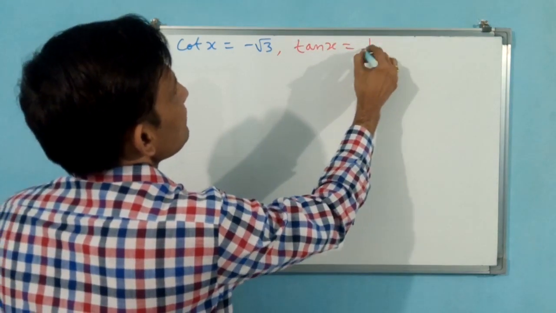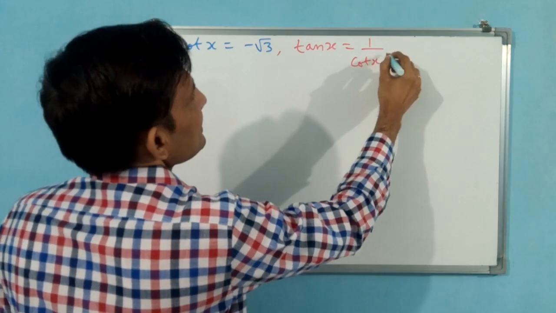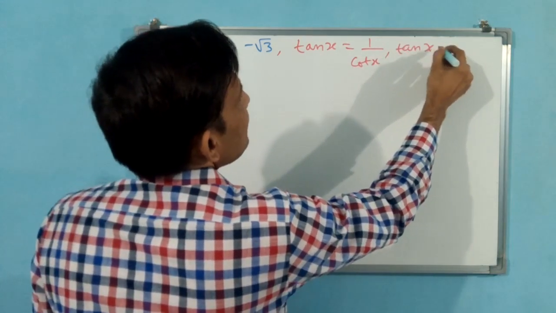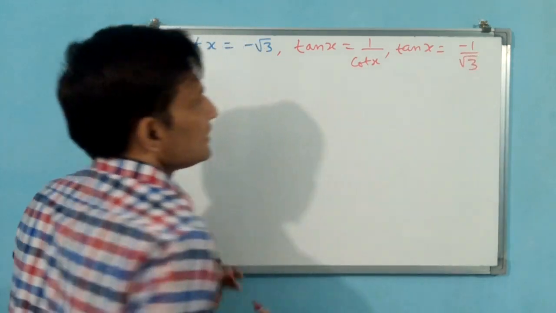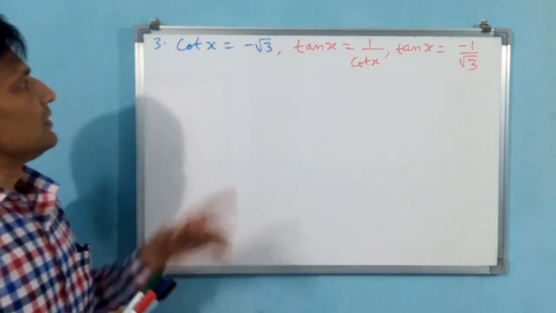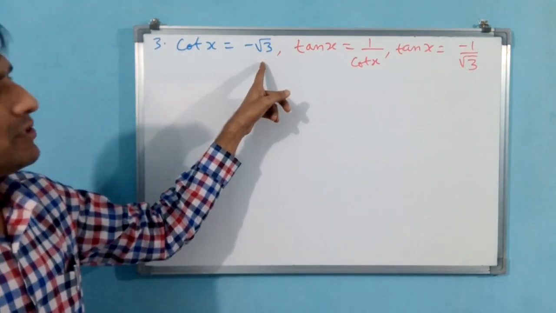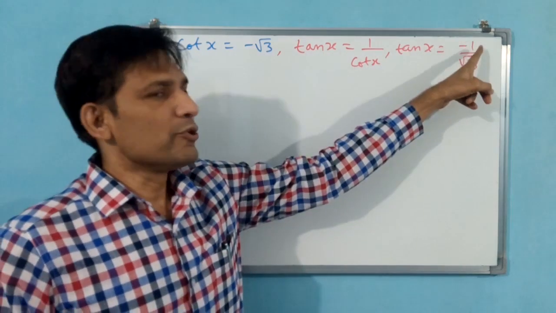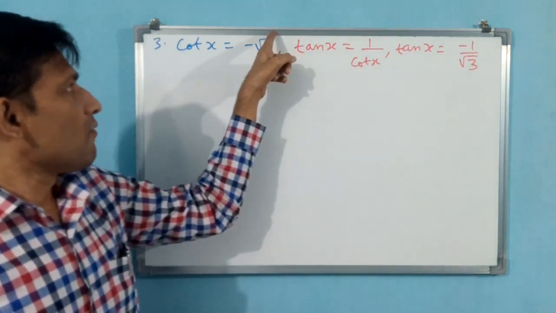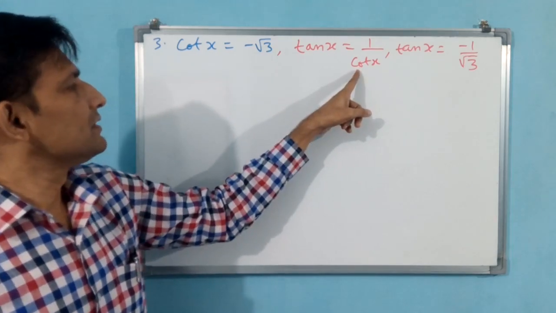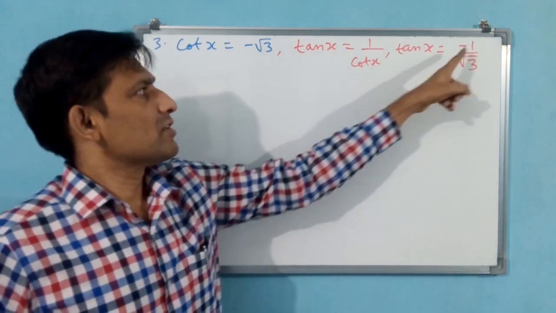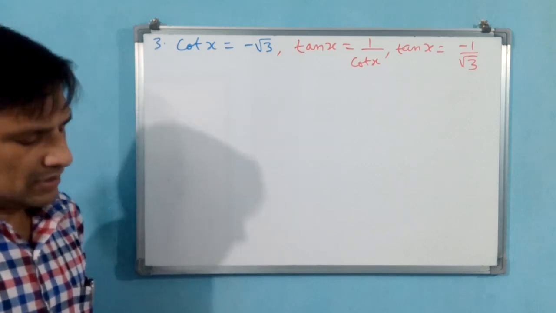Tan x is equal to 1 by cot x, so tan x is equal to minus 1 by root 3. Is it correct? You see. Now tan x is equal to minus 1 by root 3. Directly I have written minus 1 in the numerator, because 1 by minus root 3 will become 1 by cot x, but I have transferred minus to the numerator.